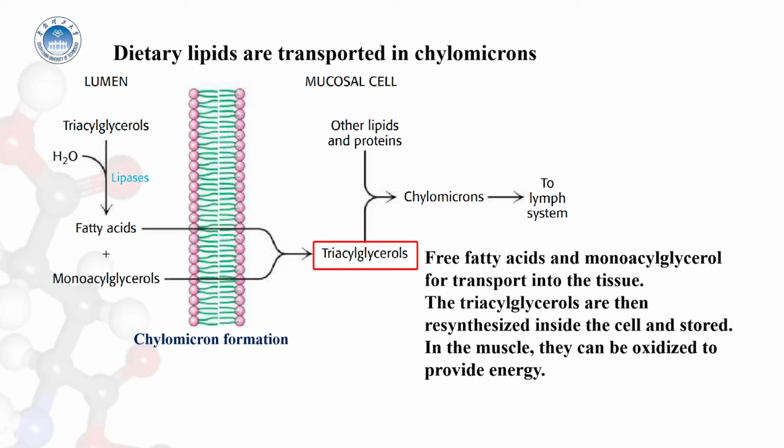Protein constituents of lipoprotein particles are called apolipoproteins. Chylomicrons also transport fat-soluble vitamins and cholesterol. The chylomicrons are released into the lymph system and then into the blood.